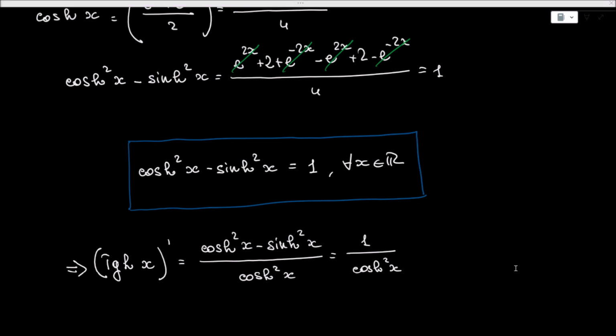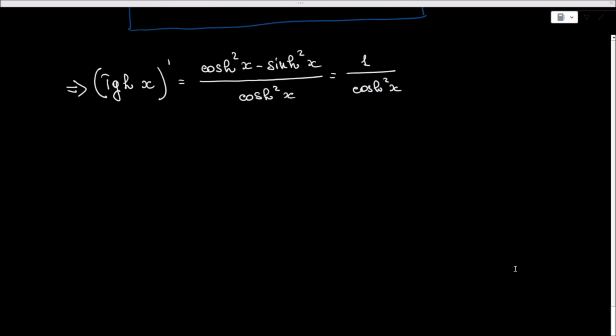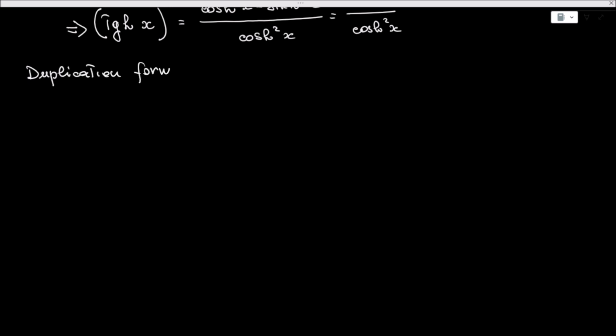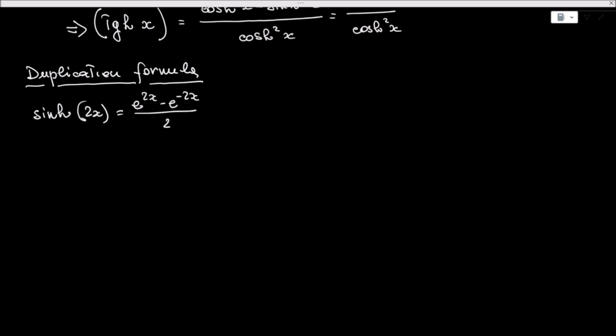Let's explore even more this analogy with the trigonometric function, and let's see if we can find the duplication formula for hyperbolic functions. So in other words, I will be looking at the hyperbolic sine of 2x, and by just applying the definition, we have (e to the 2x minus e to the minus 2x) divided by 2, right?